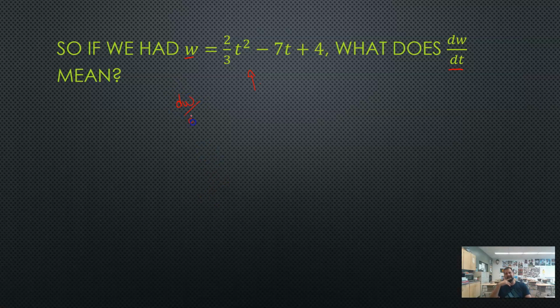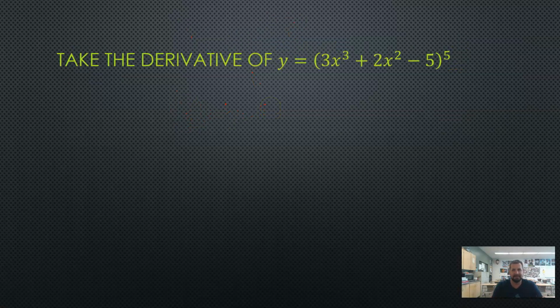It's still saying this is going to be dw dt is equal to 1/3 t minus 7. Okay, again, we just took the derivative using that power rule that we learned. So that would be my derivative in this case. Not a big deal, just realizing that dw dt means my original equation had a w in it, and also, as the independent variable, had t. Okay, and that's what this is going to say right here.